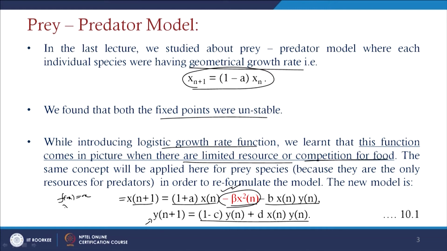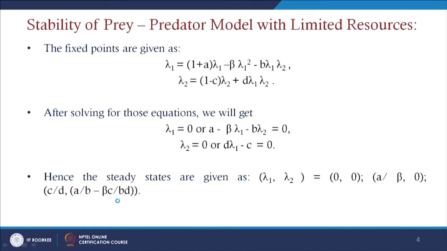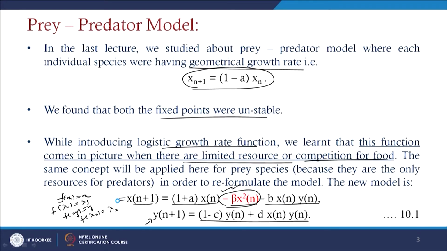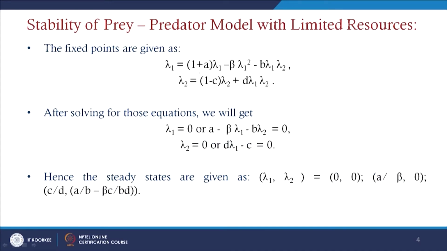This means that f of lambda 1 is lambda 1 and f of y is y, so f of lambda 2 is lambda 2 here. That is why the fixed point equation can be written as lambda 1 equals 1 plus a lambda 1 minus beta lambda 1 squared minus b lambda 1 lambda 2.